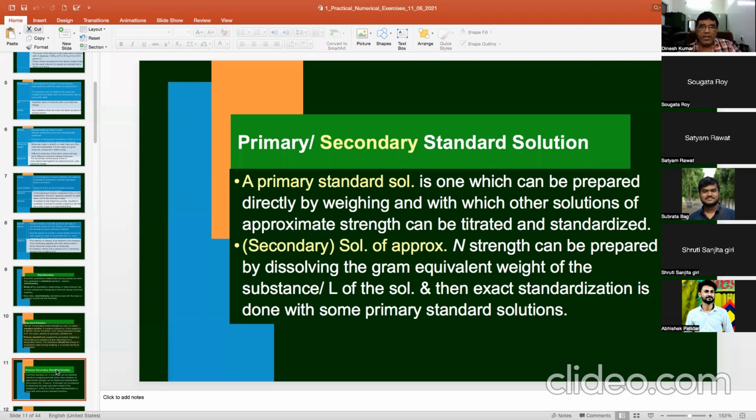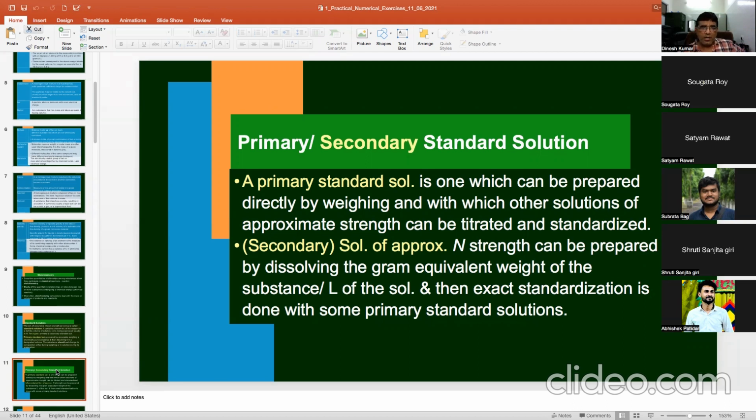Now see what a secondary solution of approximate strength or normality is. Normality is also a kind of strength or concentration of the solution, meaning how many equivalent weights are dissolved in a liter of solution.